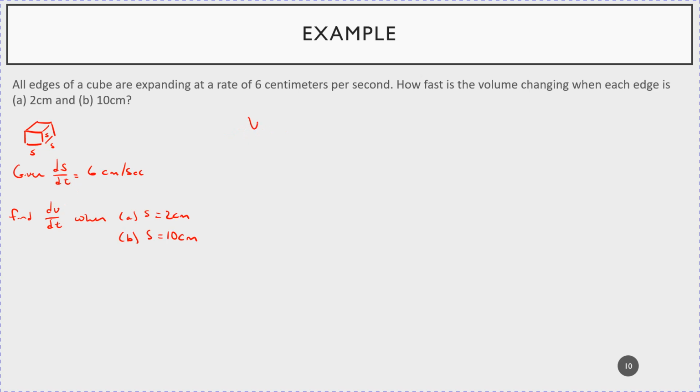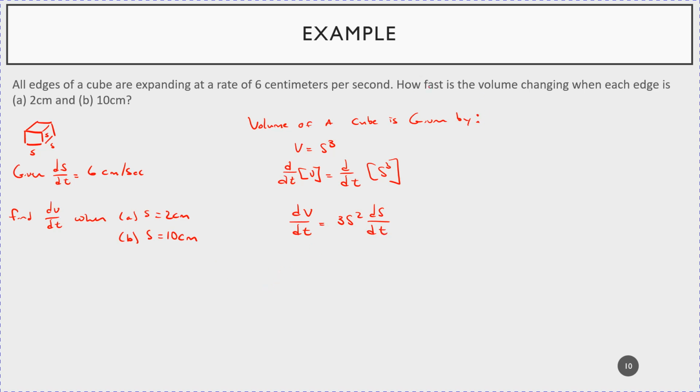Well, the volume of a cube is given by volume is just equal to side cubed, right? So differentiate both sides: the derivative with respect to t of V is equal to the derivative with respect to t of s cubed. So you get dV/dt is equal to 3s squared ds/dt.